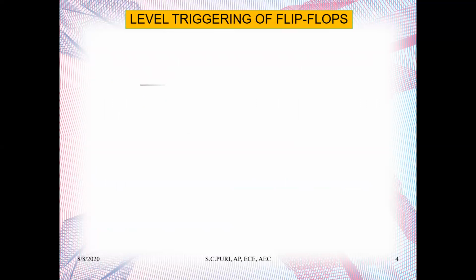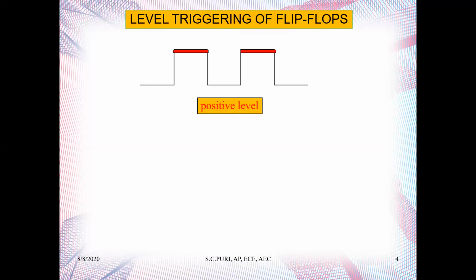Now level triggering of a flip-flop will be as explained. As you can see here, this is the clock. When the flip-flop will excite itself with respect to the clock is this: when the clock is at the positive level, then only it will excite itself, or the response of the output will be seen.